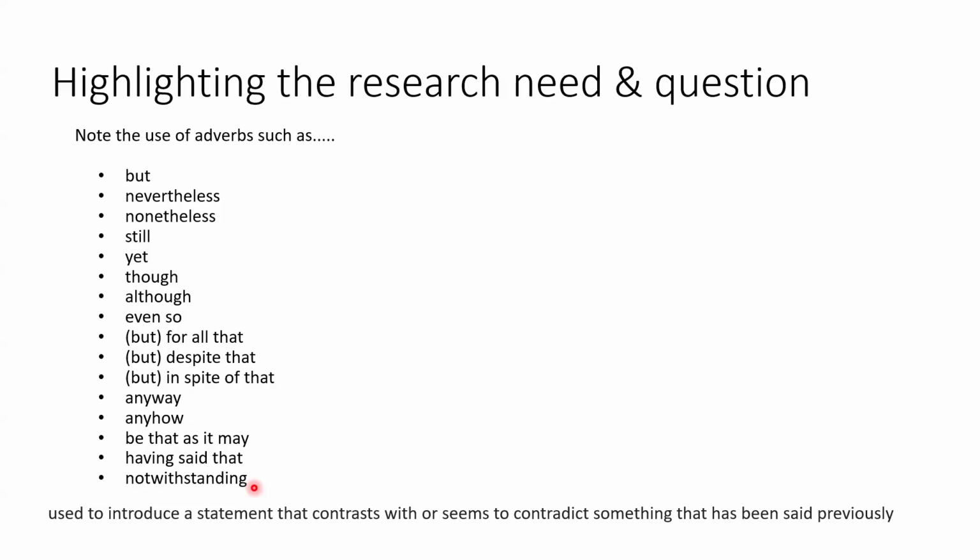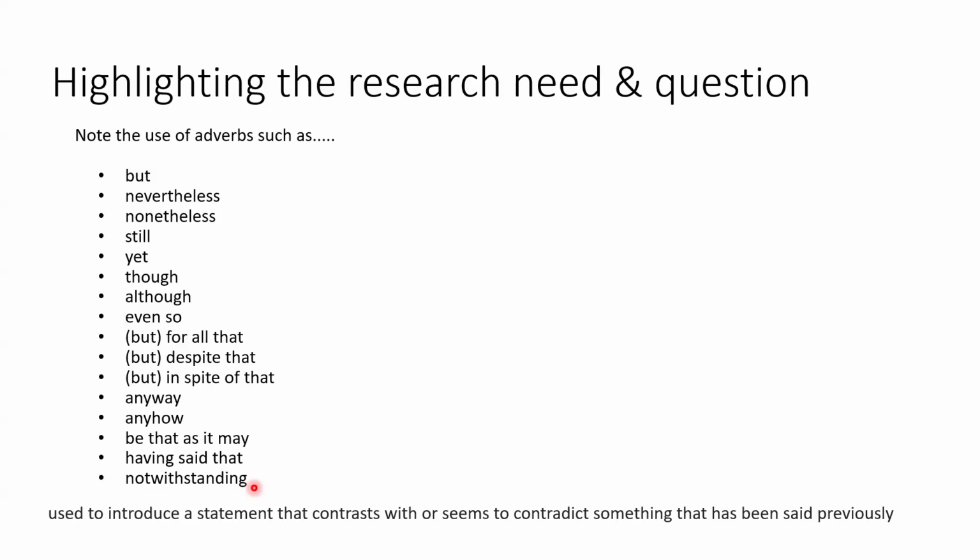So you don't have to have long sentences. By using these contrastive adverbs, you can very effectively introduce a statement that you think would be the research need or the question, because these contrasting adverbs contrast with and contradict something that is being said previously, and that will give you the reason why you need to conduct this study.